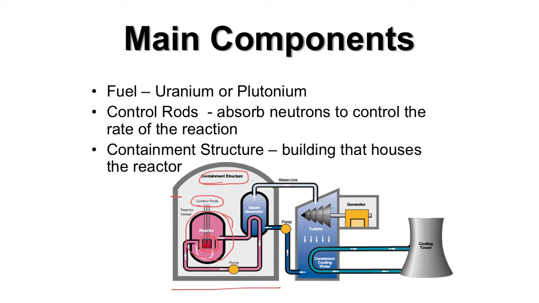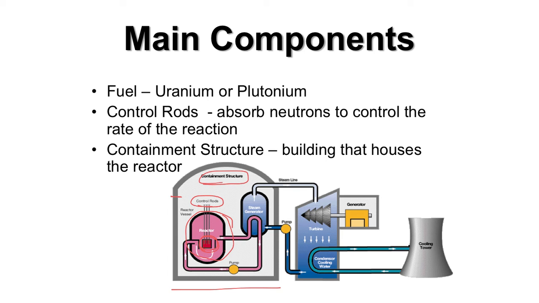So the fission reaction occurs, releases a great deal of energy, a great deal of heat. That in turn boils the water, making steam, which powers the turbines, and that's where they get the energy from. They need a lot of water to cool the structure down and prevent it from overheating or having a nuclear meltdown.